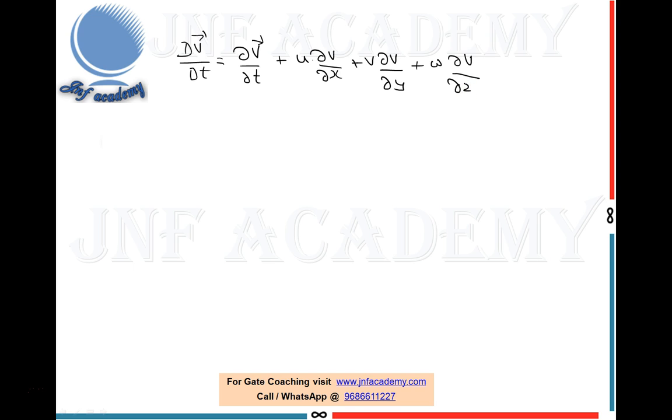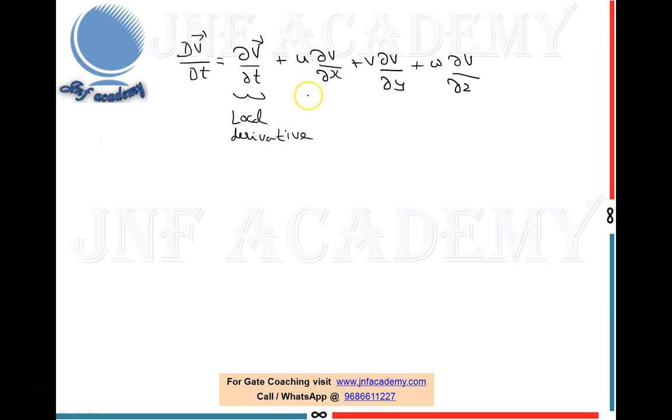So the Eulerian approach gave us two kinds of change. The first, this change is called the local derivative, and this is considered as the unsteady term. If your flow is steady, then the local derivative will be 0. If the flow is unsteady, then the local derivative will come into the picture.